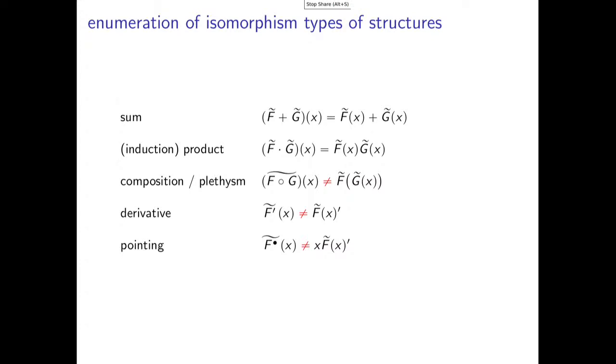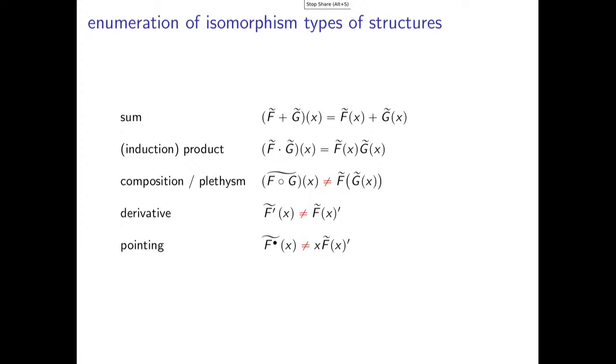Okay. We would also like to enumerate the isomorphism types. And this turns out to be nice for plus and nice for times, but for the rest it's not nice. In fact, the information contained in the f tilde and g tilde generating function is not enough to produce the generating function for the isomorphism types of the composition.